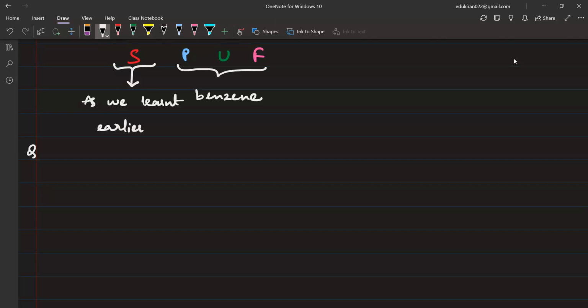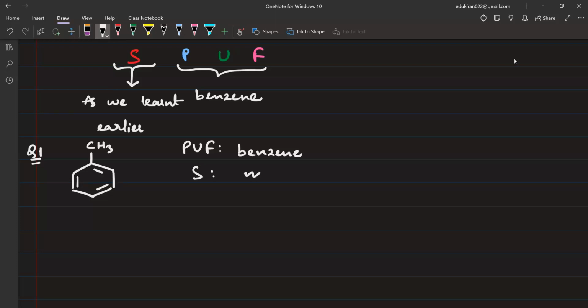So question number 1, for example, if I have something like this. This is a benzene structure and it is having CH3. Now for the parent, what are we going to write? Benzene. And then for the substituent, we can write methyl.